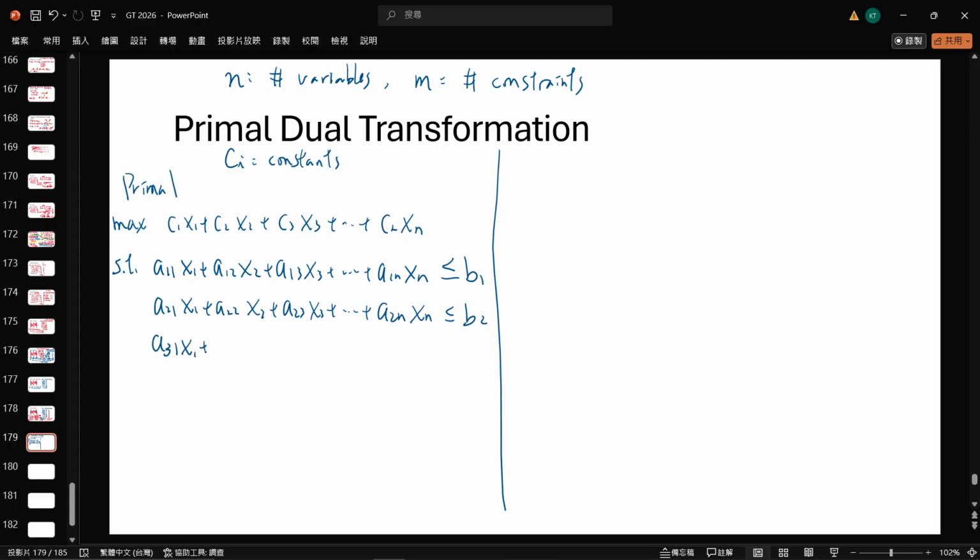The third one. Because we have m constraints, the last one is am1 x1 plus am2 x2 up to amn xn is less than or equal to bm.